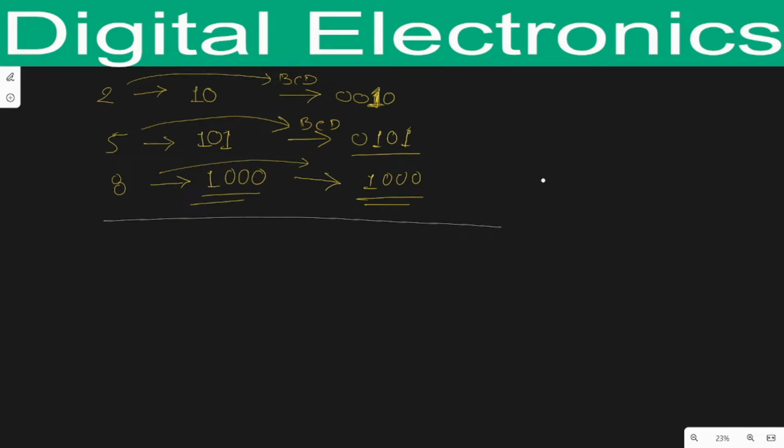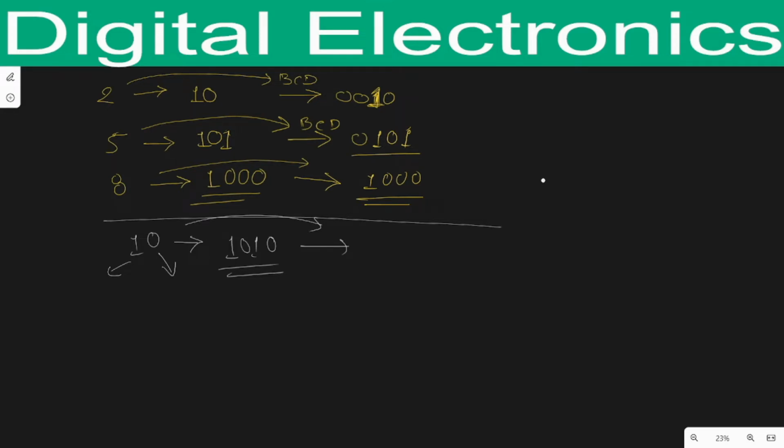Okay. Suppose I want to write the BCD equivalent of 10. So the binary equivalent of 10 is 1010. This one is the binary representation of 10. But when I want to write the BCD equivalent, we first write the BCD equivalent of 1, then we write the BCD equivalent of 0.